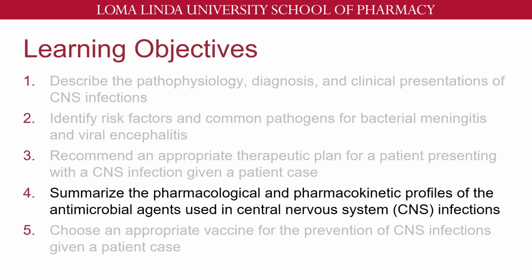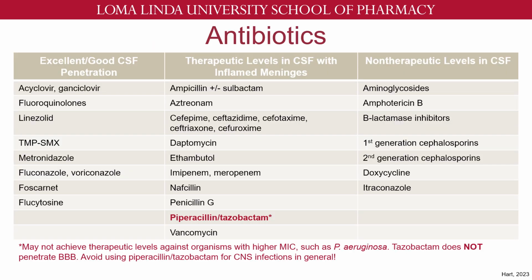All right, back to our learning objectives. Number 4, we will summarize the pharmacological and pharmacokinetic profiles of the antimicrobial agents used in CNS infections. So this chart will go through the different antibiotics and agents that we traditionally use for CNS infections and will tell us if it will get to the site of infection or not.